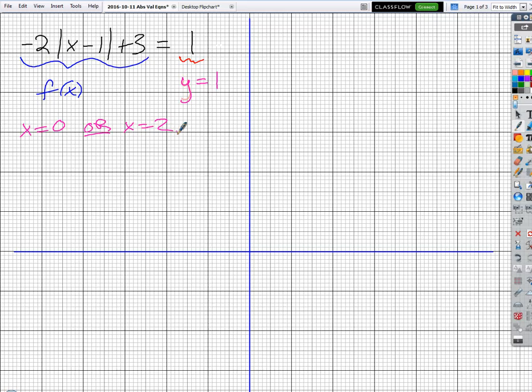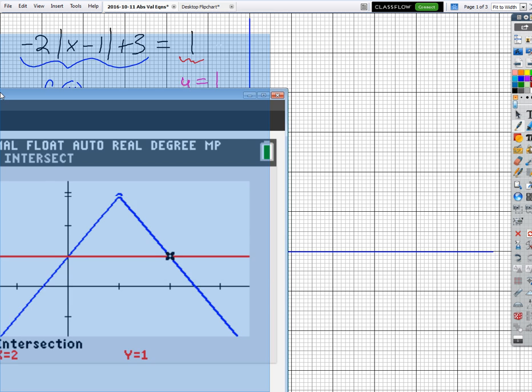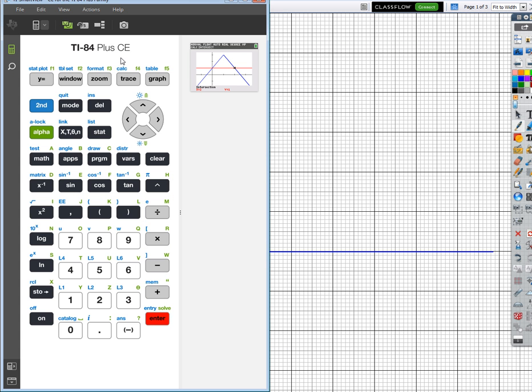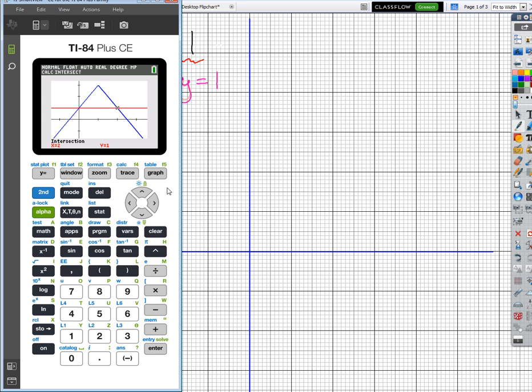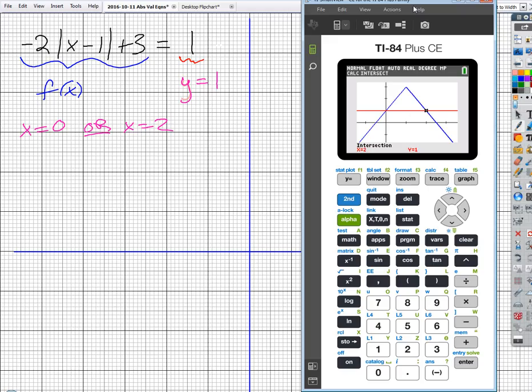x equals 2, right? Okay, so based on the graph, how could I have changed my original equation so I didn't get 2 answers? How could I change it so I get 0 answers? What do you think? There's my graph.